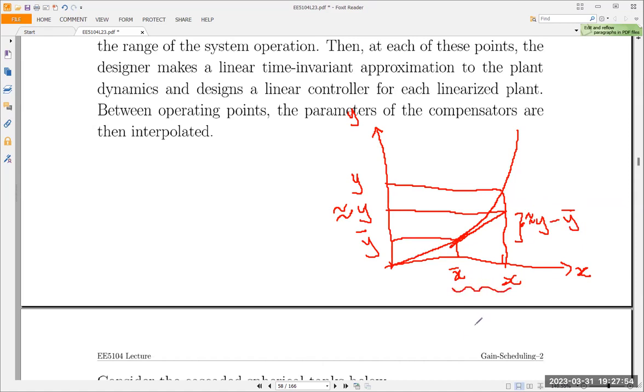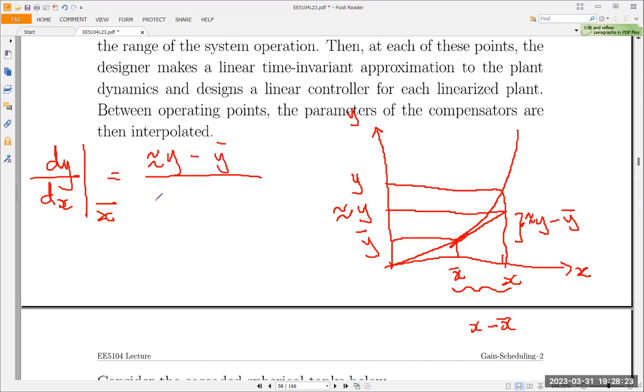This is x minus x bar. So we have dy/dx at x bar, which means the gradient here is equal to this one, the approximate y minus y bar divided by x minus x bar.